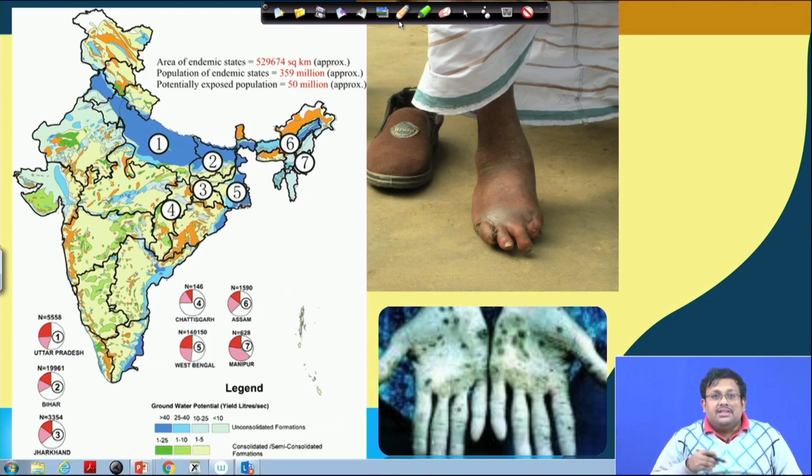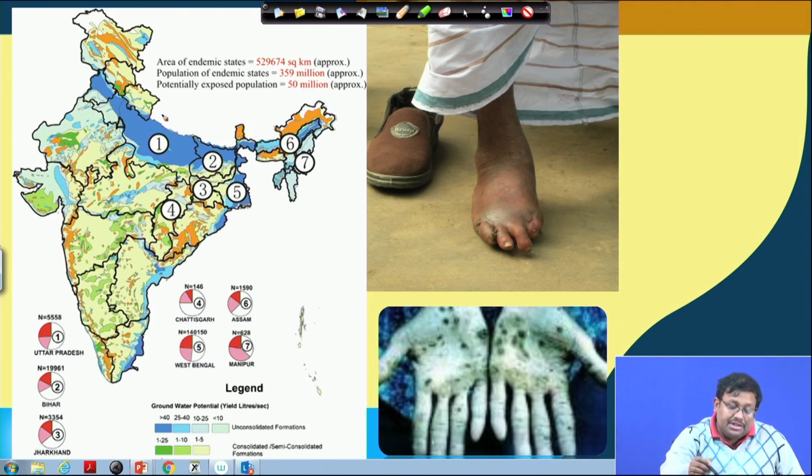So, this slide shows the status of arsenic contamination in India, as well as some of the health effects. As you can see here, this is the India map, and the groundwater arsenic contamination is greater where there is blue.